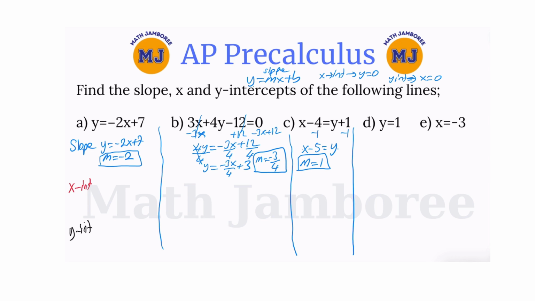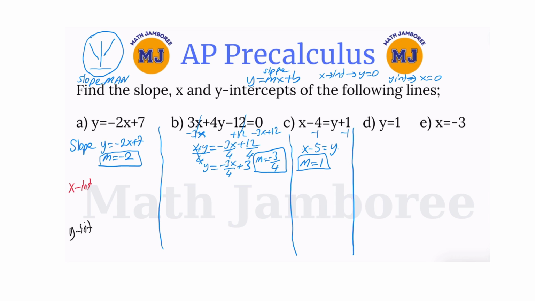And for this type of question, D and E, I'd like to show you another method. I call this slope man. The slope man will tell you about the slopes.